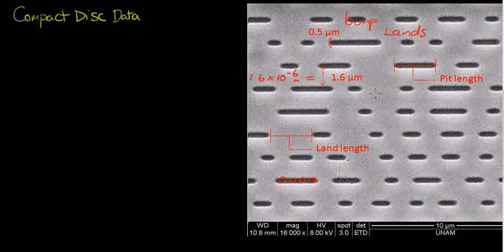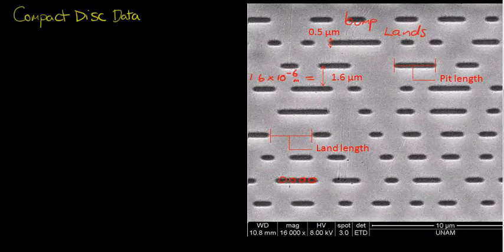So if you're holding a CD the right way up as you take it out of the case, for instance, and you were to look with an electron micrograph through the label, you would see pits instead of bumps. Flip it over and you see the bumps. So we'll just assume for this video that these are the bumps on the underside.